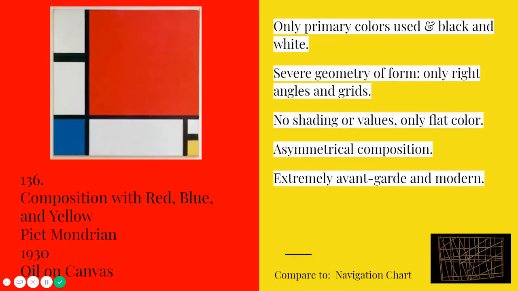So this is one of them, and like I said, it's oil on stretched canvas. There's not much more to say about it except that we only have primary colors and black and white. We have severe geometry of form, only right angles and grids, no shading or values, only very, very flat color.